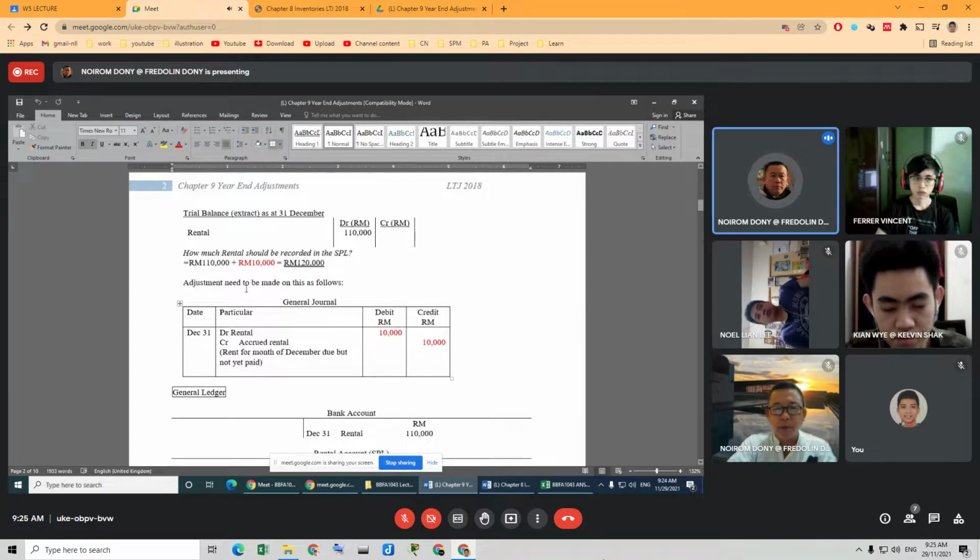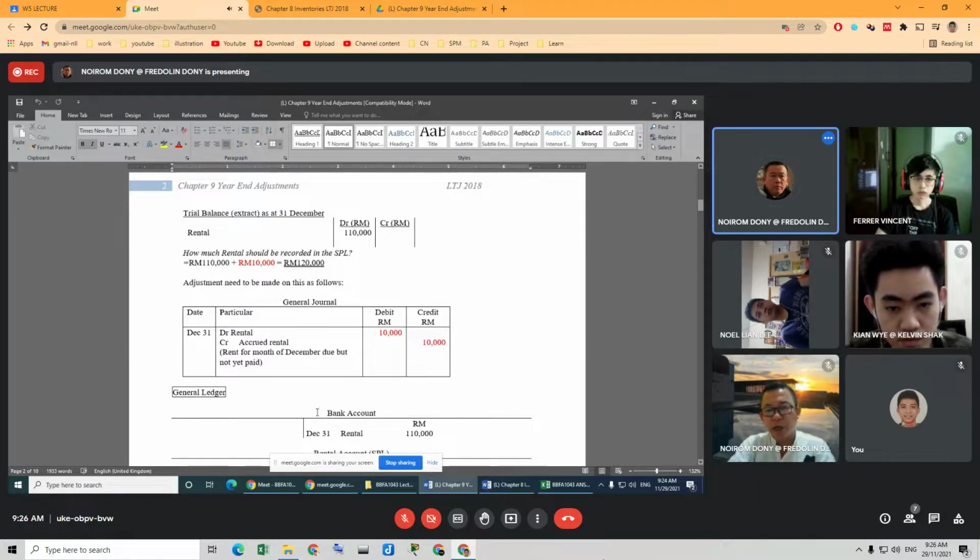And then by referring to this prime entry, you need to do the posting in the general ledger. So open up rental account. Because we already have the trial balance, the existing entry in the rental should be reflected in the general ledger also.